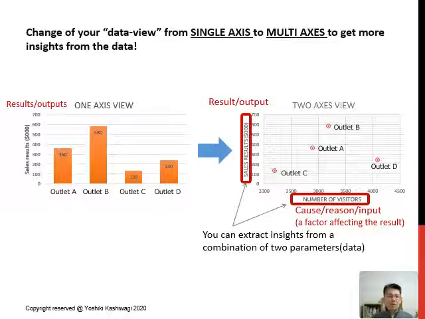By using two axes, you can identify the relationship between the two parameters, two indexes. That is something new in this class, and I want you to shift your focus from one single axis to multi-axis, in this case, two axes.